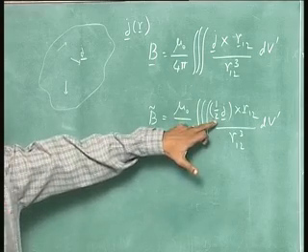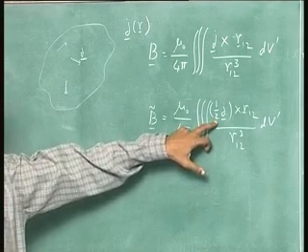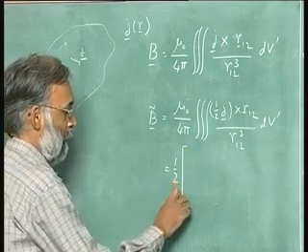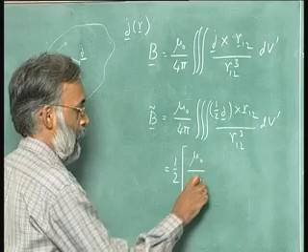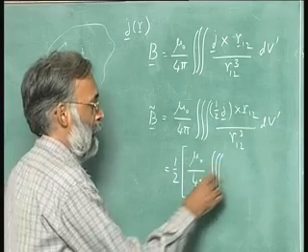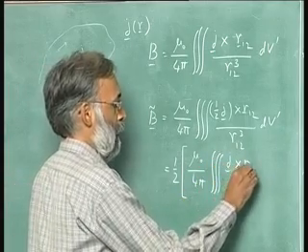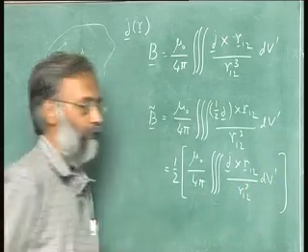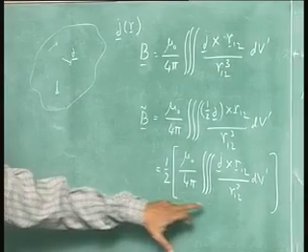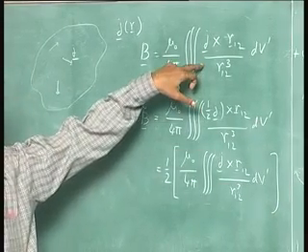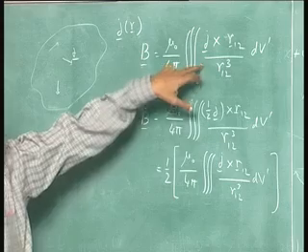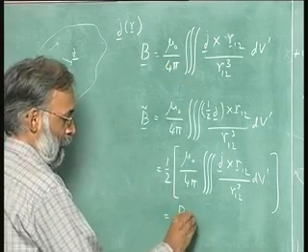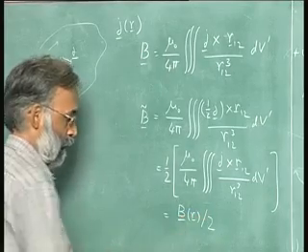But this factor of half is a constant. I can pull it out. It becomes half of mu naught over 4 pi volume integral J cross R12 over R12 cubed dV prime. Now, what I have got in the square bracket is the original expression, which means this is equal to the original B as a function of r divided by 2.